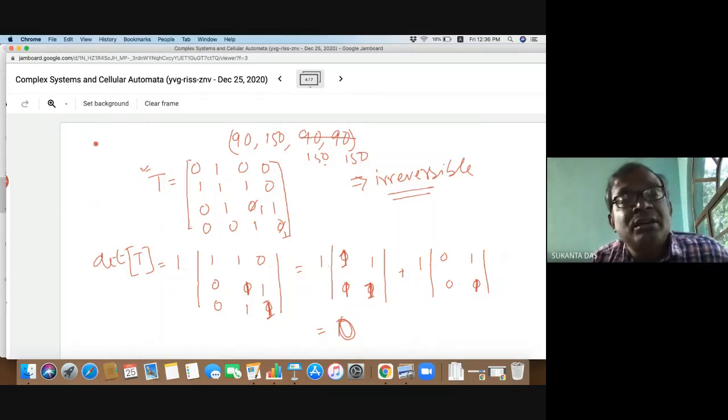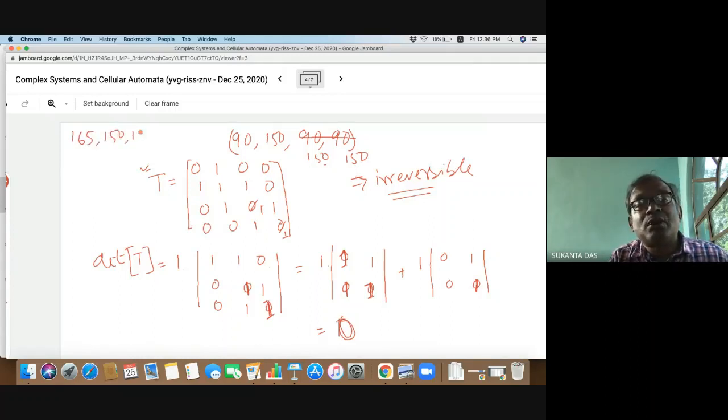Suppose I take this CA, say 165, 150, 150, 150. This is a complementary CA.